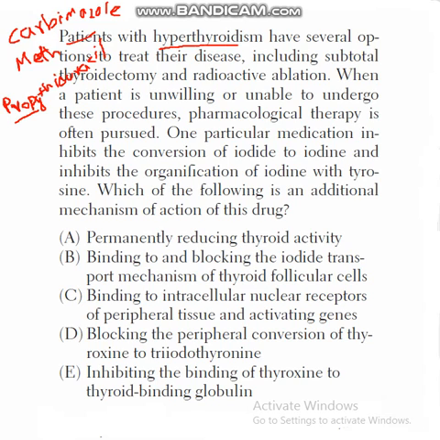And the peripheral activity is that it inhibits the conversion of tyrosine T4 to triiodothyronine T3. So it is the only medication which has a peripheral activity of inhibition of the conversion of T4 to T3.